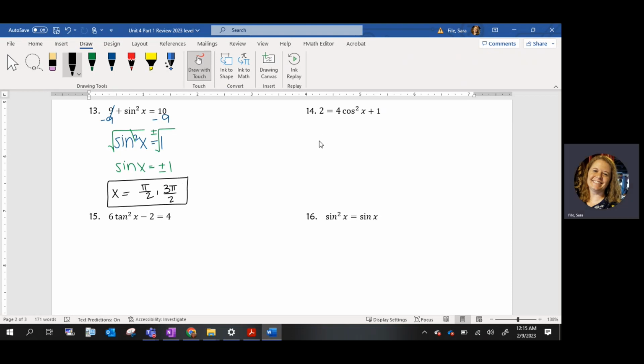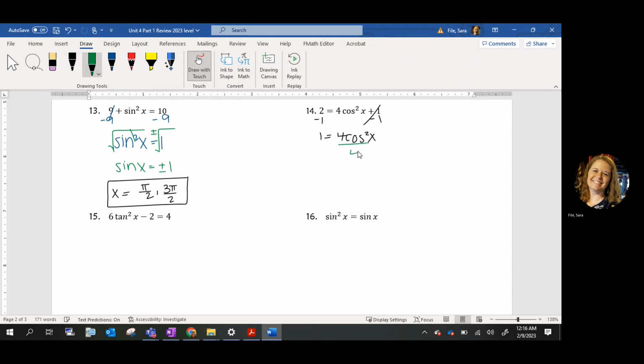Okay, number 14 is very similar. There's only the cosine squared x. It's the only trig term. The rest of these numbers can be moved around to isolate it. Then I'm going to get rid of the 4 by dividing.